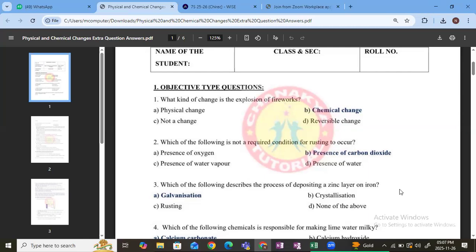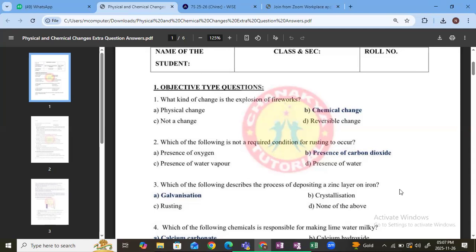Basically there are two things you can talk about in galvanization. First, zinc is used as it reacts with oxygen, and when it reacts with oxygen, the zinc converts to zinc oxide. Then the zinc oxide isolates the iron from the substances needed for rusting.